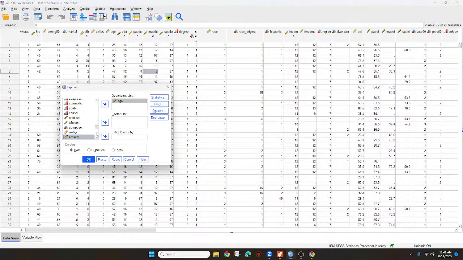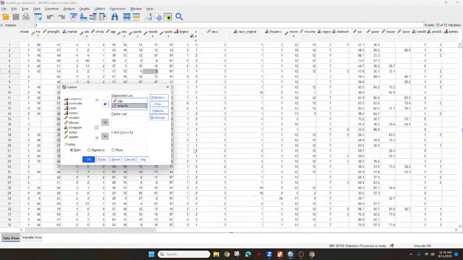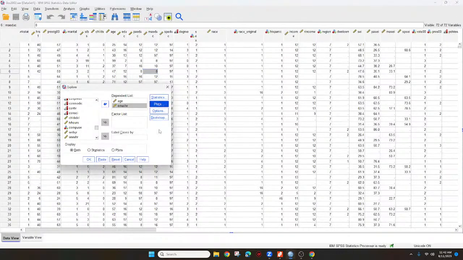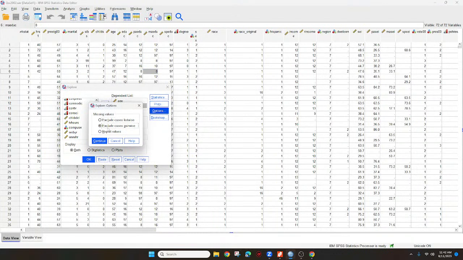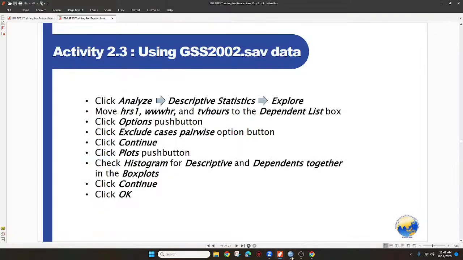The same is true with the email hours of the respondents. Basically, both are skewed to the right, but there are more outliers for email hours per week. There are a lot of outliers and extreme values for the email hours.